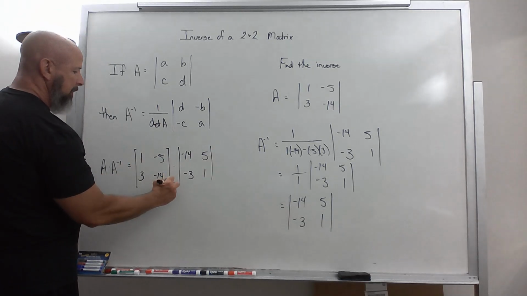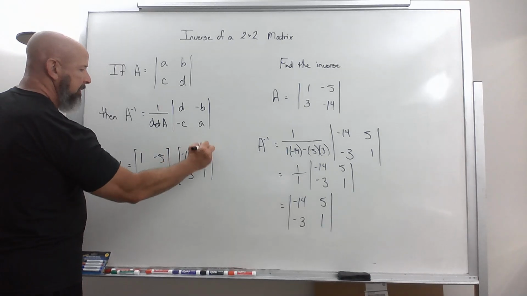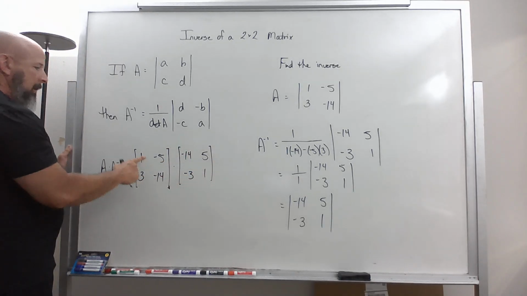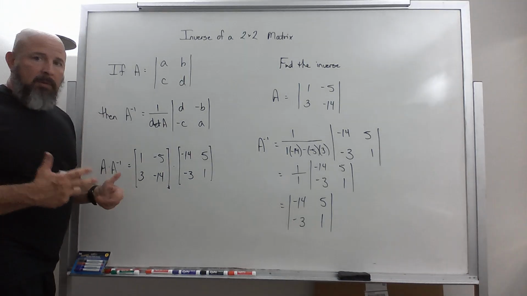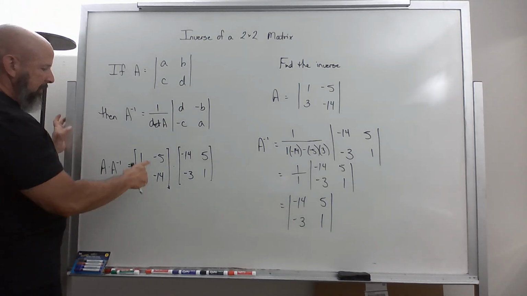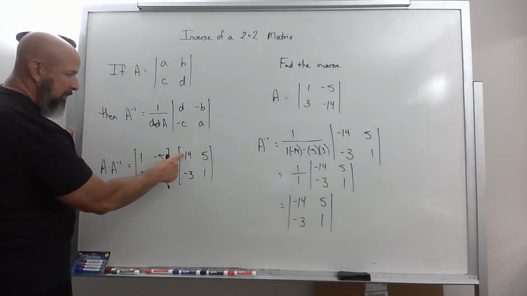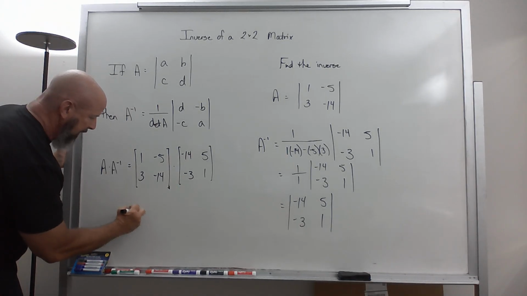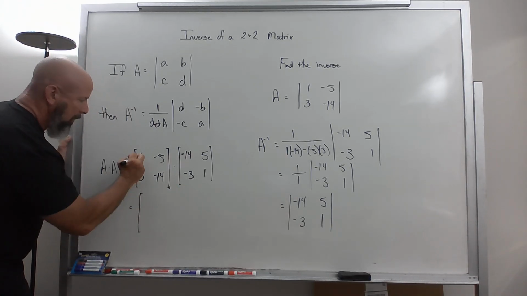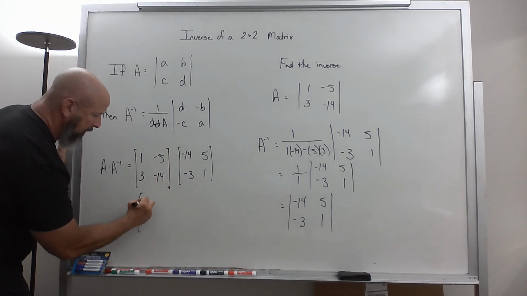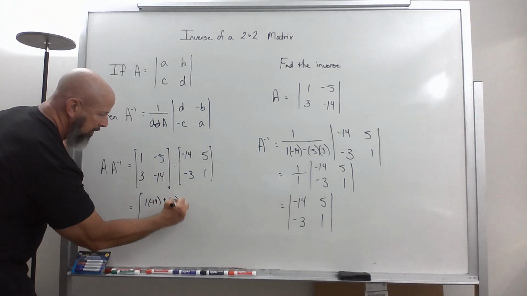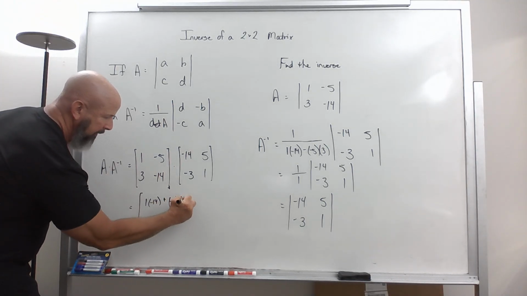All right, if I multiply these two matrices, this will give us a little practice with multiplication from a previous lesson. It's row times column. So that would be 1 times -14 plus -5 times 3. Excuse me, -5 times -3.